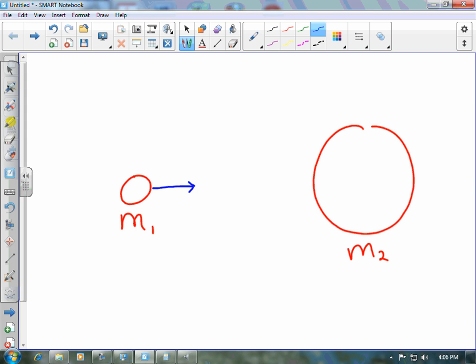In this example we're in outer space, away from any gravitational fields, be it the Earth, the Moon, or any other object. We're somewhere where there's no gravity, some fictitious place. So M1 experiences a force due to gravity in this direction, and M2 experiences an equal and opposite force in that direction. We'll call this Fg1 and Fg2.